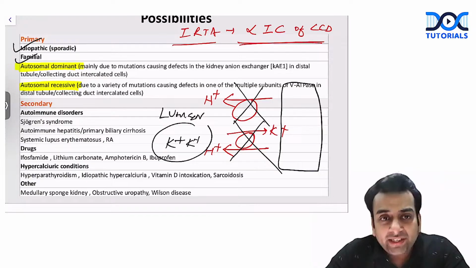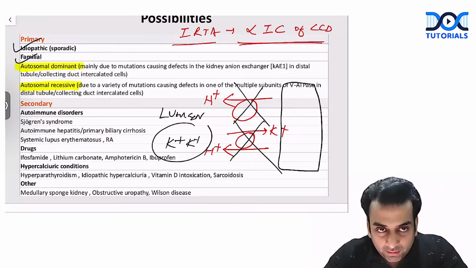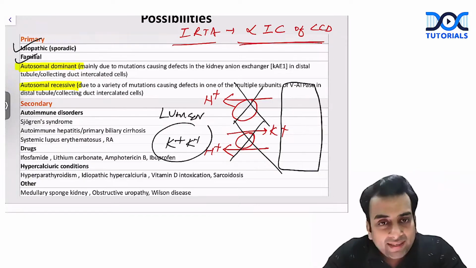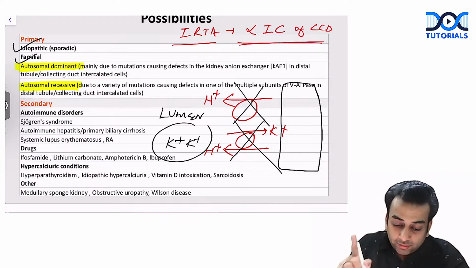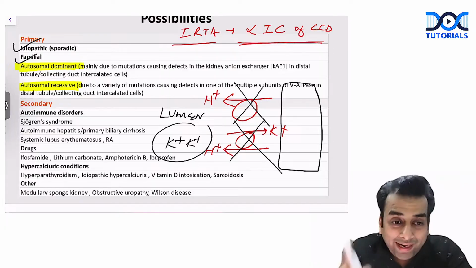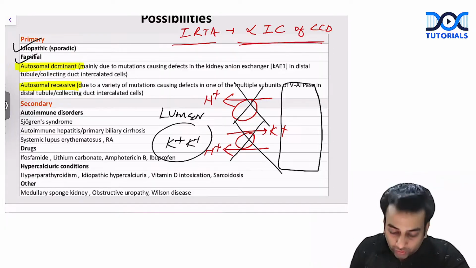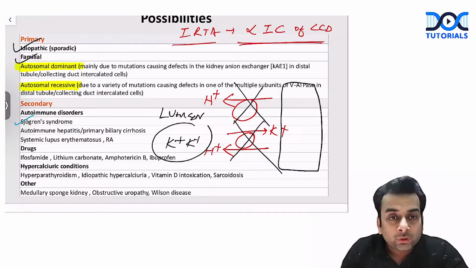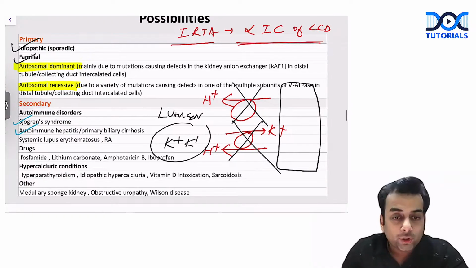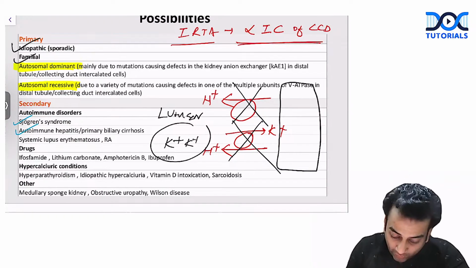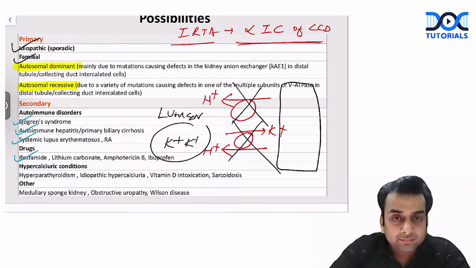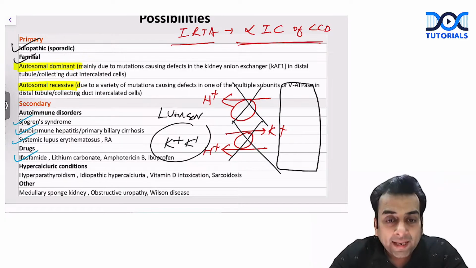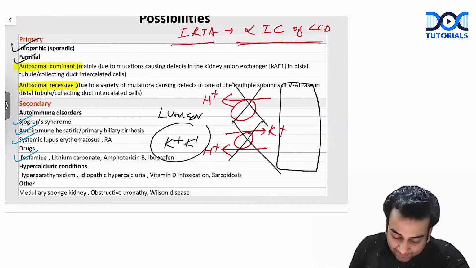What could be a secondary cause? There is another systemic disorder that has caused defect of this channel, which was not familial. You have acquired it later, like an autoimmune disorder such as Sjogren syndrome, autoimmune hepatitis or biliary cirrhosis, SLE or rheumatoid arthritis; certain drugs like ifosfamide, lithium, amphotericin B, ibuprofen; hypercalciuric conditions like hyperparathyroidism.